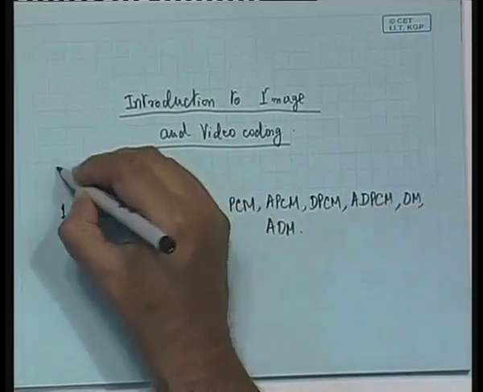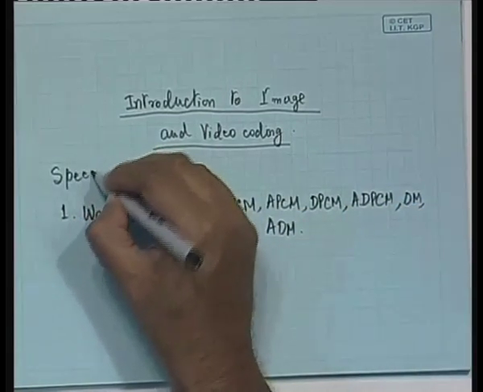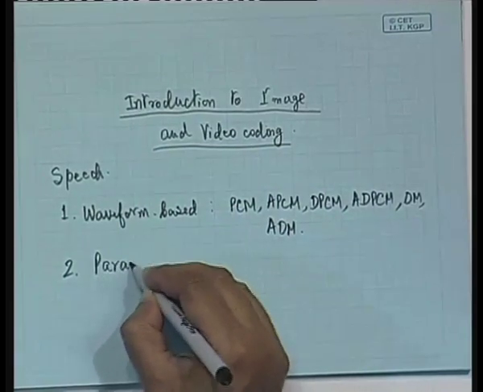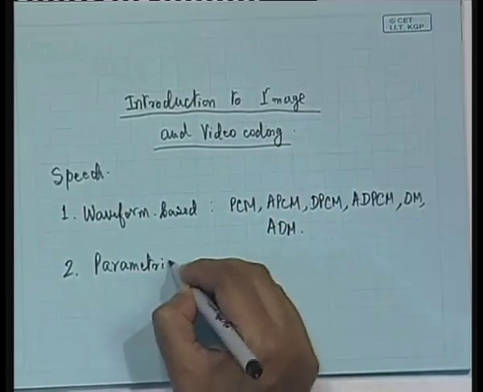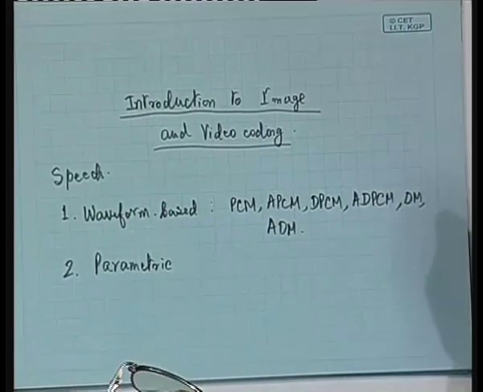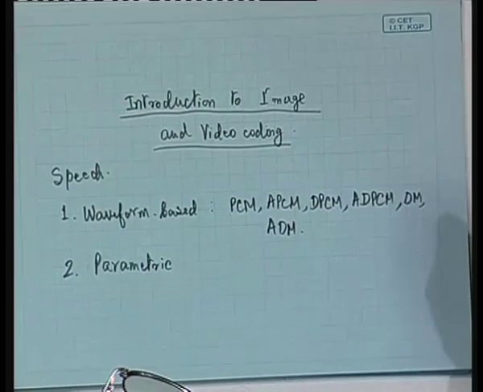And we had yet another approach which we can call the parametric approach. In the parametric category we can place the LPC analysis, where essentially instead of encoding the speech waveform, we estimate the predictor coefficients on a frame by frame basis and send extra information like the pitch period estimation.